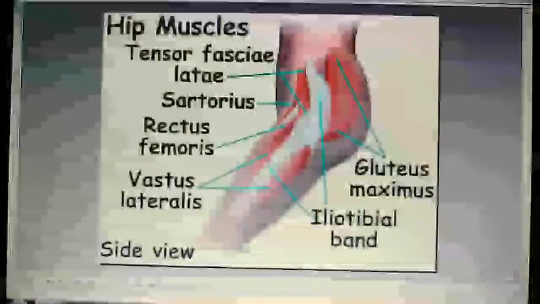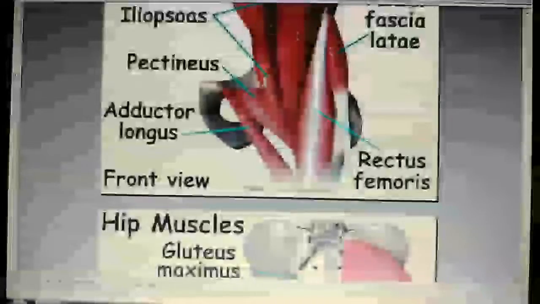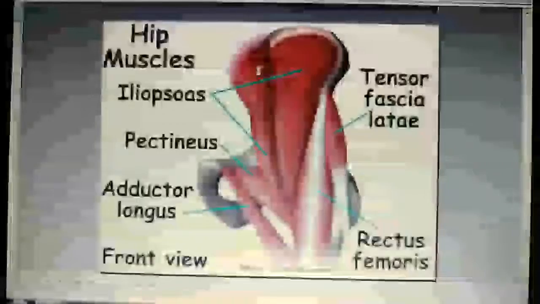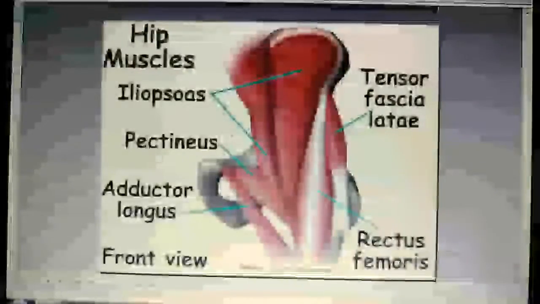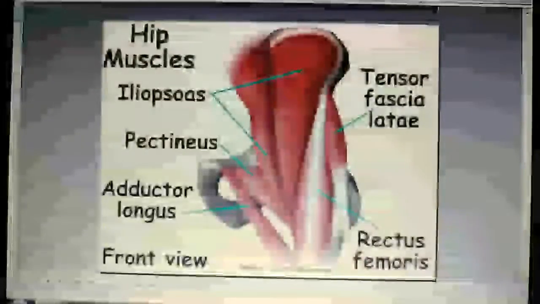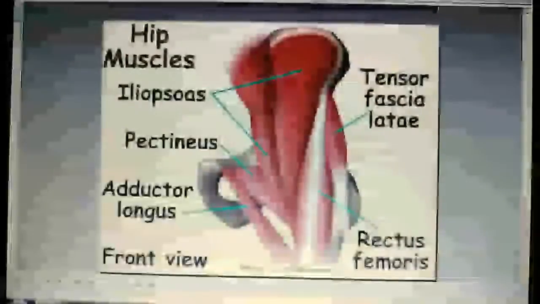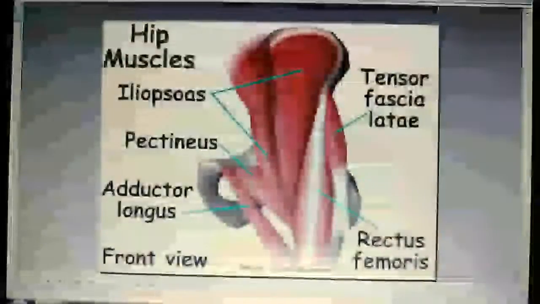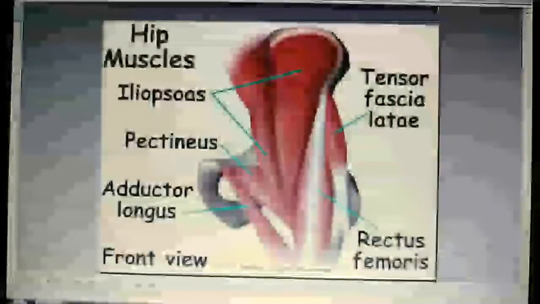Pectineus muscle, in the anterior compartment of the hip. Pectineus origin: superior ramus of the pubis, insertion: pectineal line of the femur, nerve supply femoral nerve, root value L2 L3 L4, action.